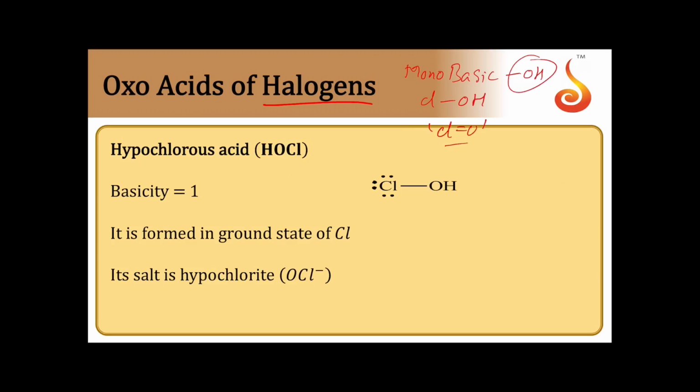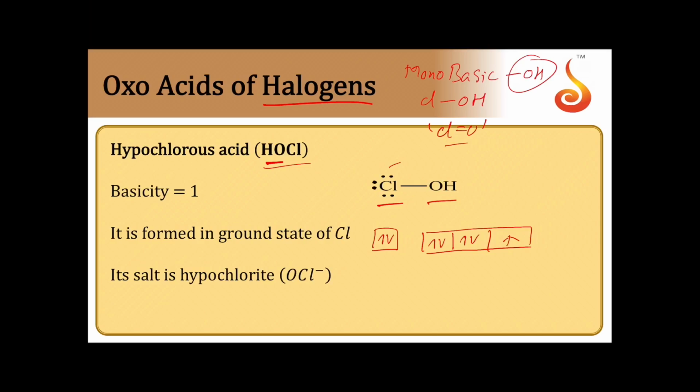Let us now take the first one, HOCl. Only one OH is there, so it will be Cl and then the OH group. Now, in which state is it formed? Chlorine has ns2 np5 configuration, that is 3s2 3p5. So 3s2 has 2 electrons, and 3p5 has 4 and 1.